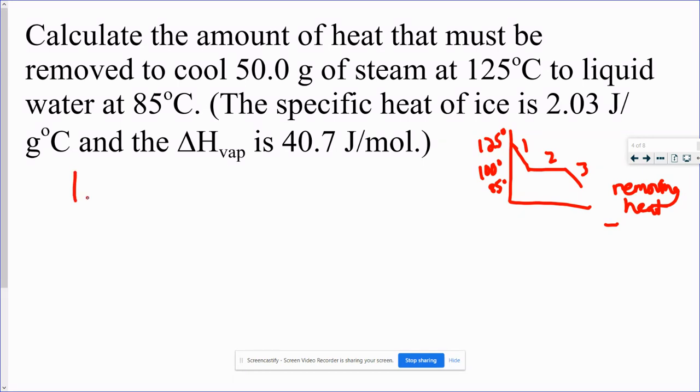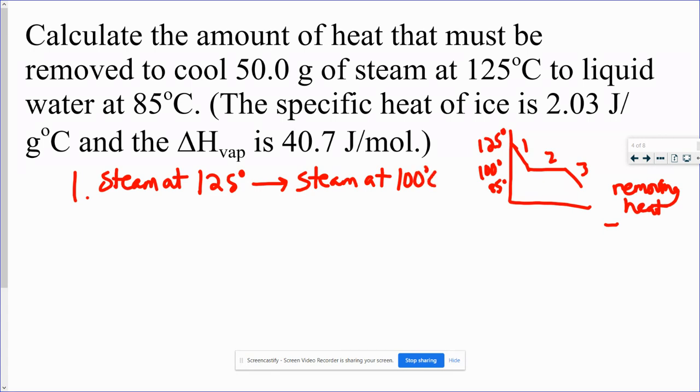So step 1 is I am taking steam at 125 degrees and I'm going to take it down to steam at 100 degrees. Since it's water, I know the boiling point or the condensation point is 100 degrees.